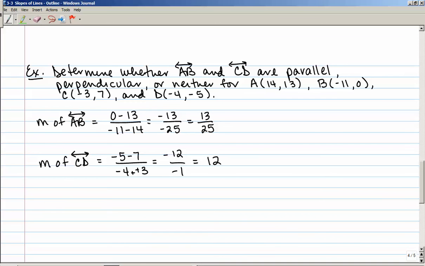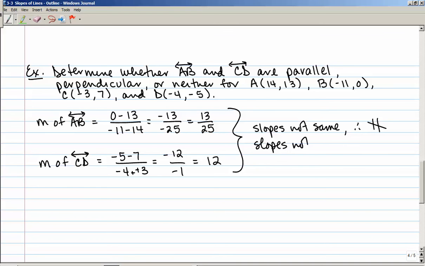So, looking at the slopes of my lines, the slope of AB is 13 over 25. Slope of CD is 12. So the slopes are not the same. Therefore, they're not parallel to each other.